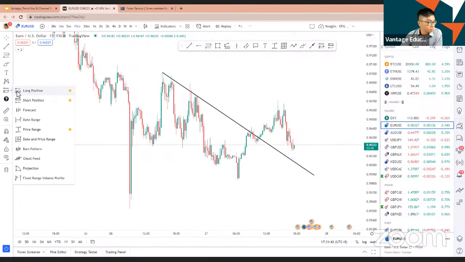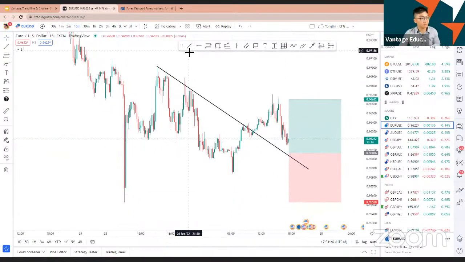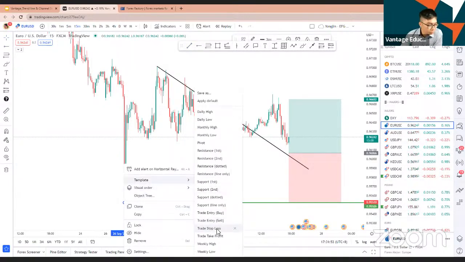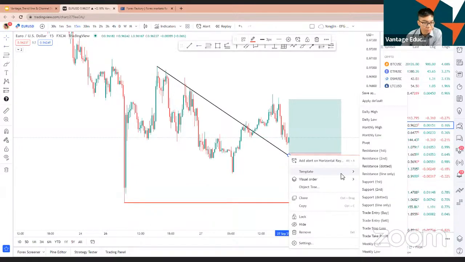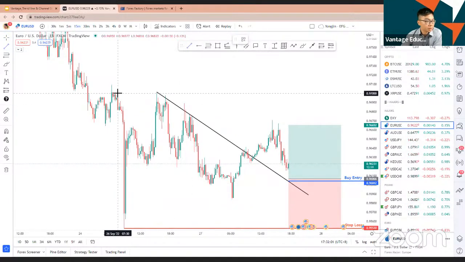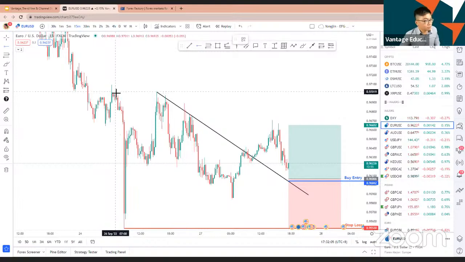Okay, so this might be a potential setup. Just might, who knows? Maybe stop loss somewhere up here. I'm just drawing.